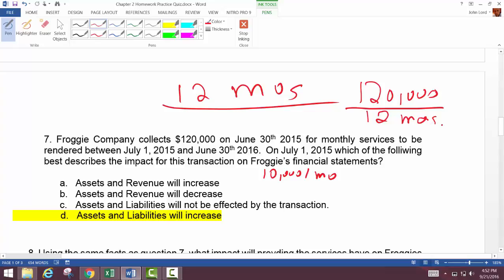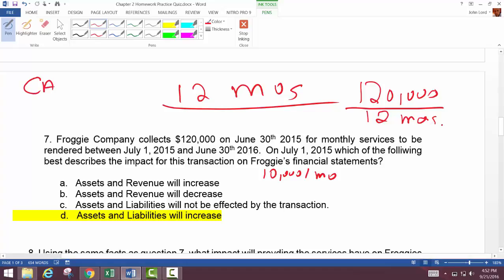On July 1st, 2015, which of the following best describes the impact of this transaction on Froggy's financial statements? Well, let's think about this first. Let's go through the whole process. When they give this 120,000 on June 30th, what journal entry should we make when we receive cash?